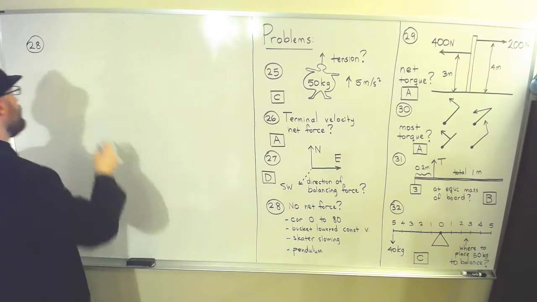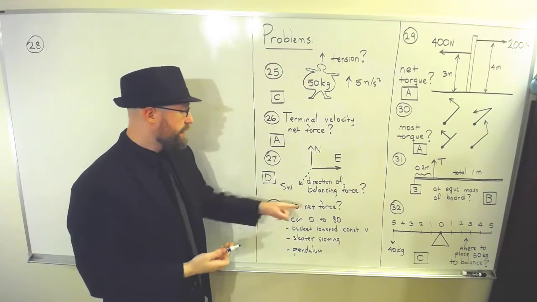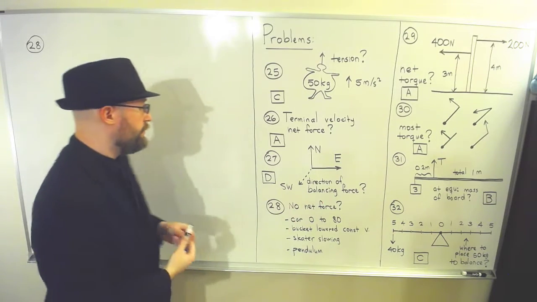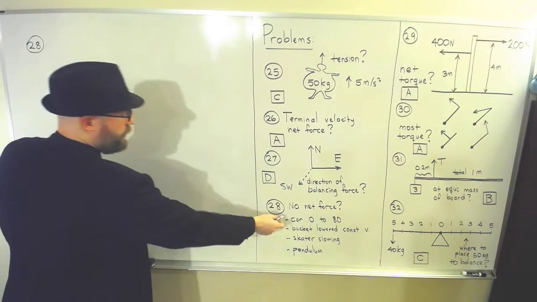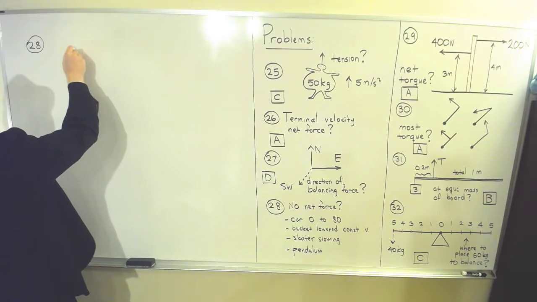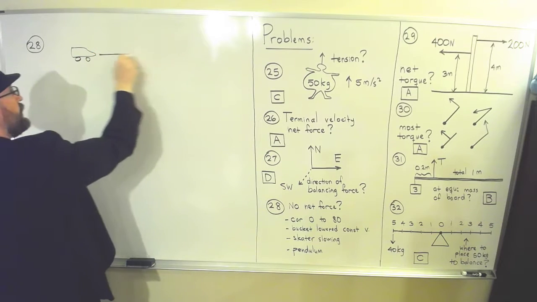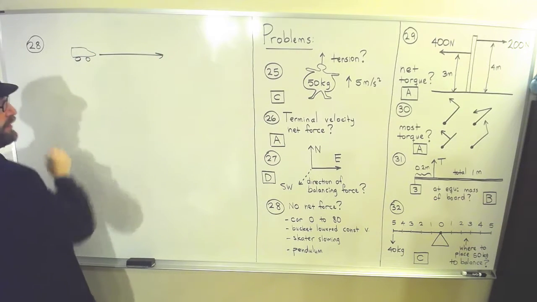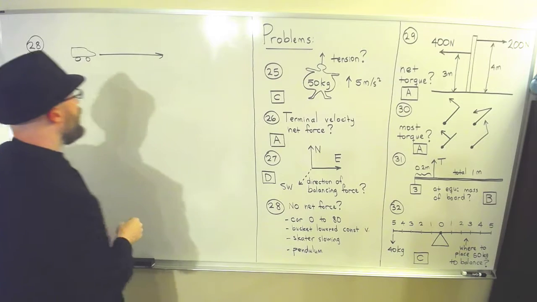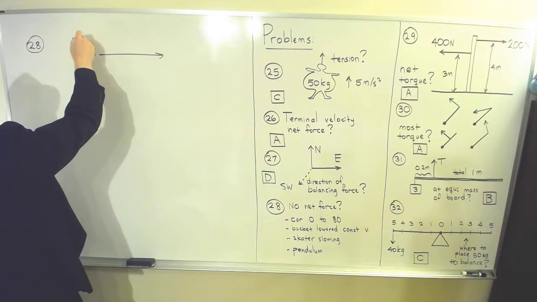So this one asks you which of the following systems are experiencing no net force. And it has 4 systems here. So the first one, you have a car, and it starts out at 0 and it accelerates. So it's going up to 80 kilometers per hour, I think it was.